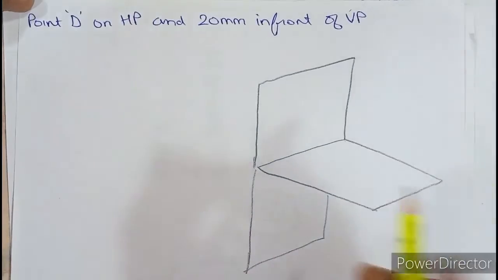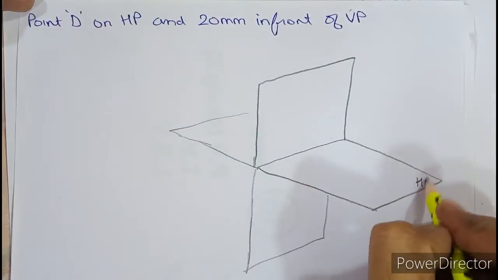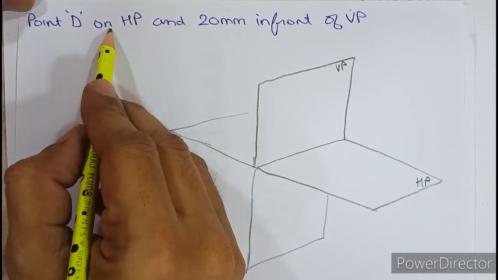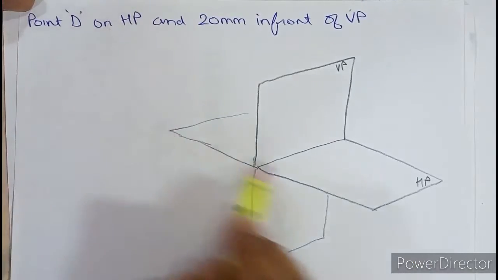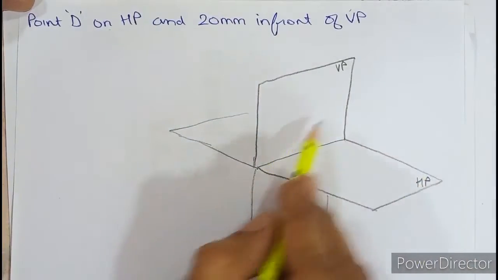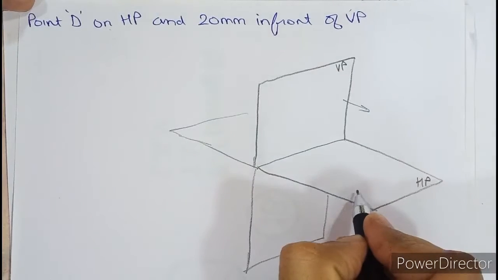So point D lies on HP. It is neither above HP nor below HP. It is on HP, and 20 millimeter in front. In front means this is called in front, right?